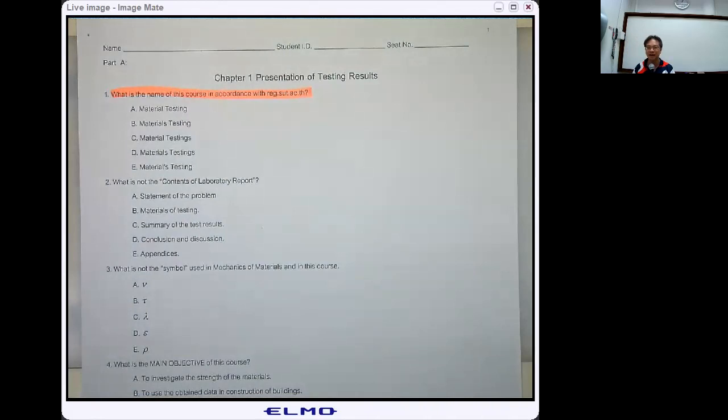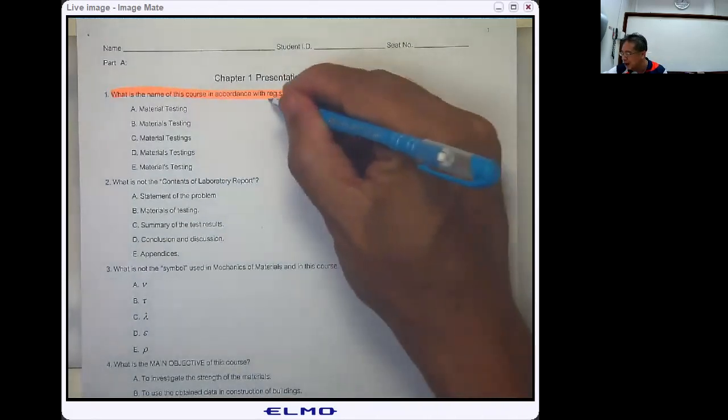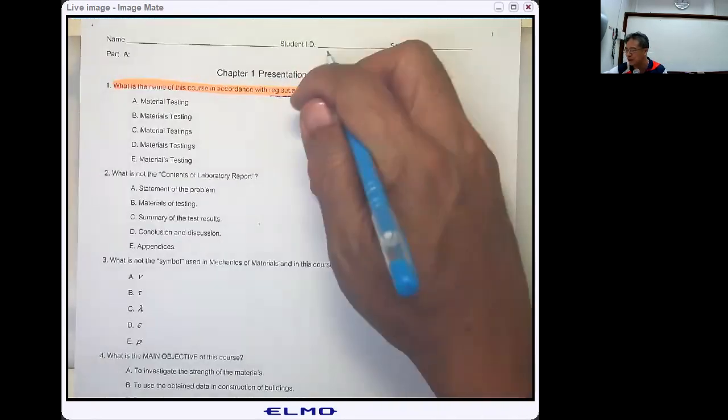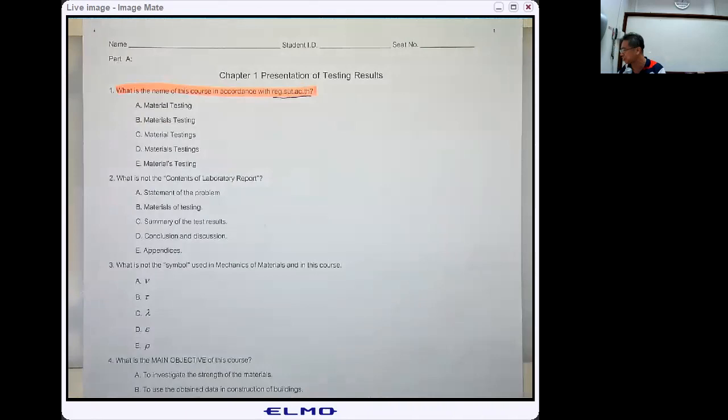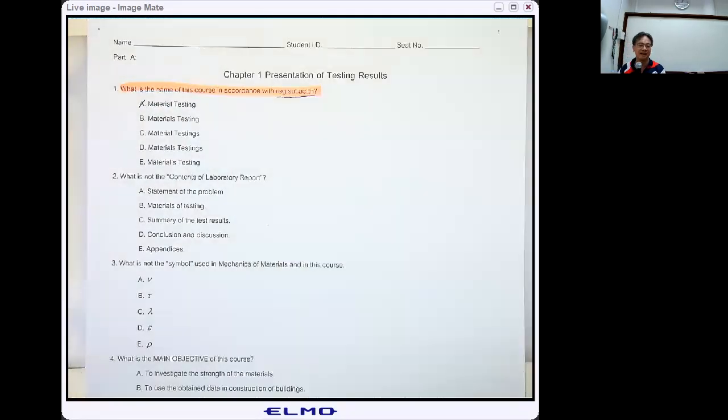Can anybody type to show me? The one following reg.sut.ac.th. The answer is supposed to be material testing here.